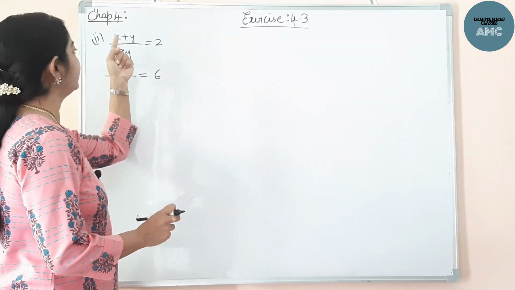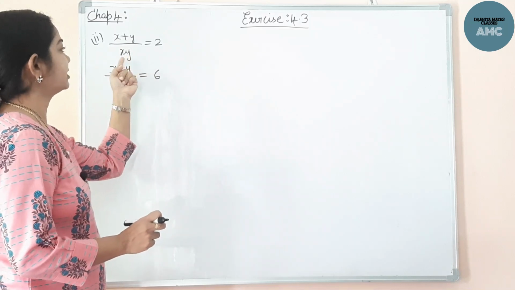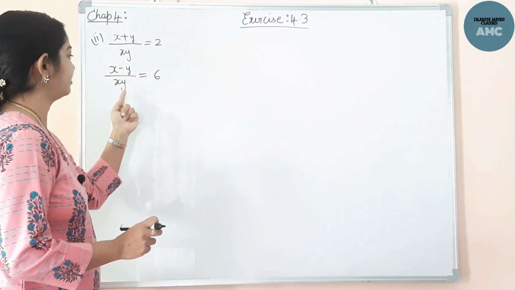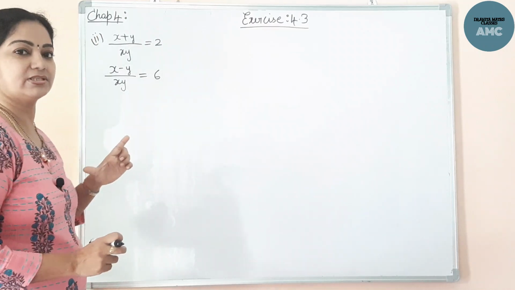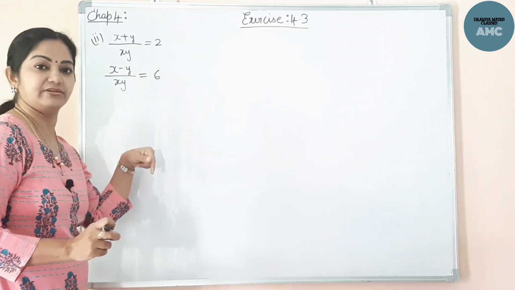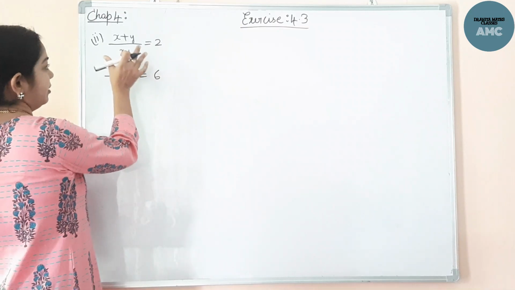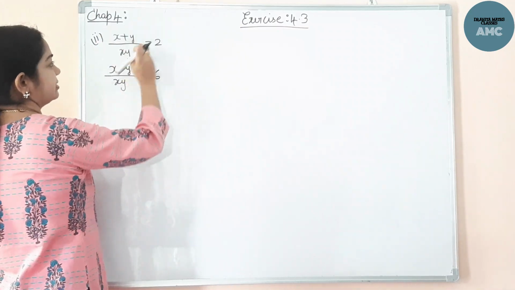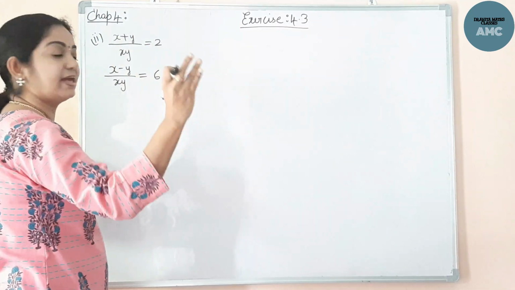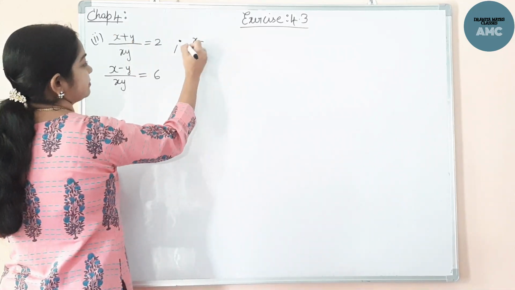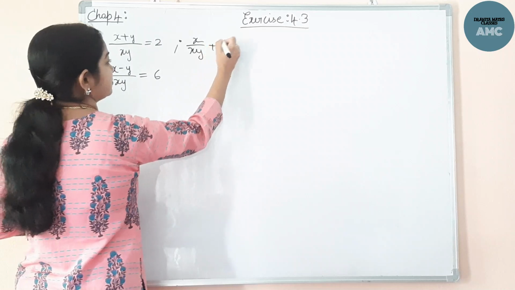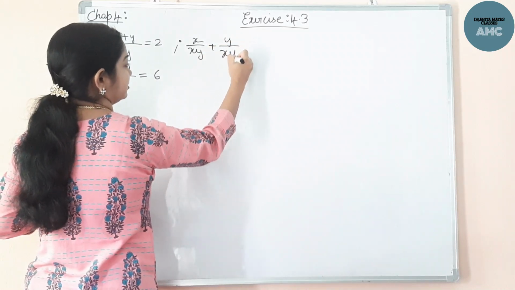Now the second one: x plus y divided by xy equal to 2, x minus y divided by xy is equal to 6. Clearly, they are not linear equations. First, we will reduce them into linear equations. Before that, here is an LCM part. We will be dissolving the LCM here. See how to dissolve the LCM? x by xy plus y by xy.